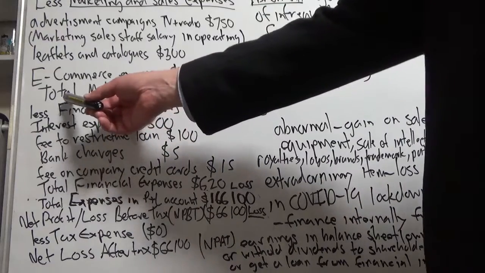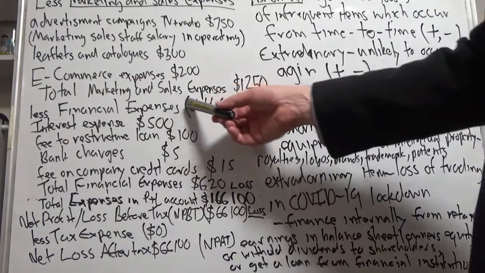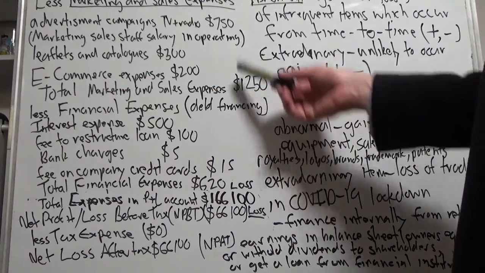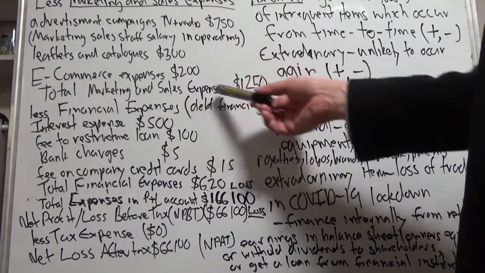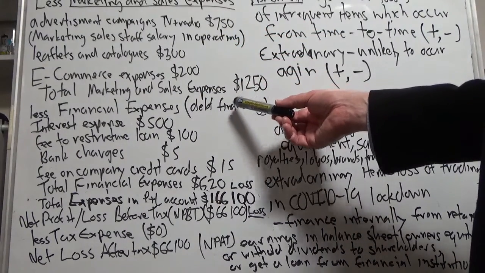So you get a figure for total marketing and sales expenses. You add up 750 plus 300 plus 200, which gives you that figure, 1250.